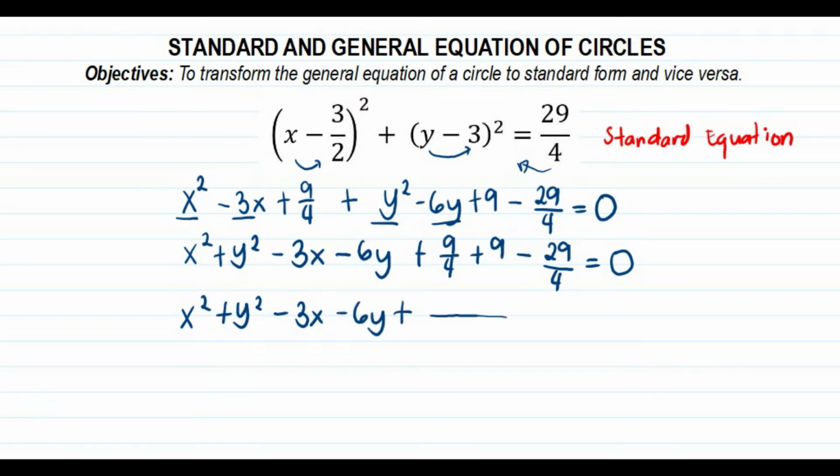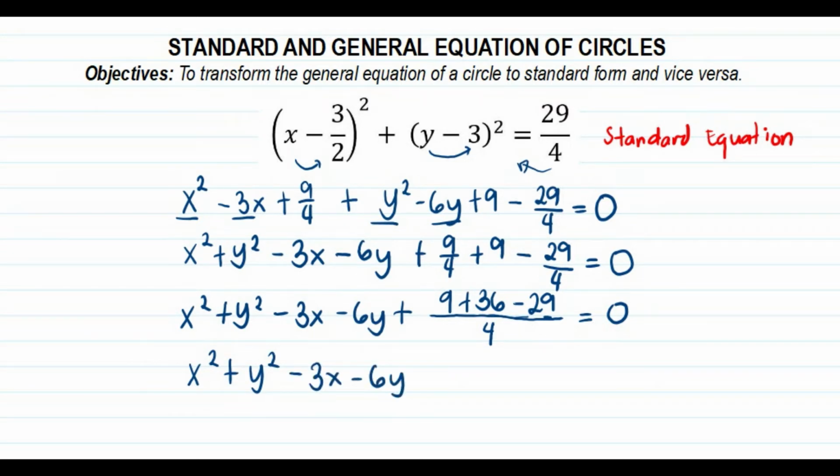Then, equate the, let's have the LCD of 4. 9 plus 36 minus 29. Because 4 times 1 is 4. 4 times 9 is 36. Then, after evaluating, we have x squared plus y squared minus 3x minus 6y plus 16 over 4 equals 0.